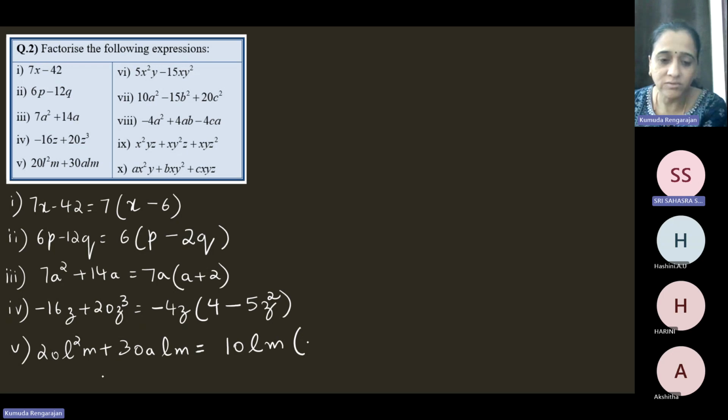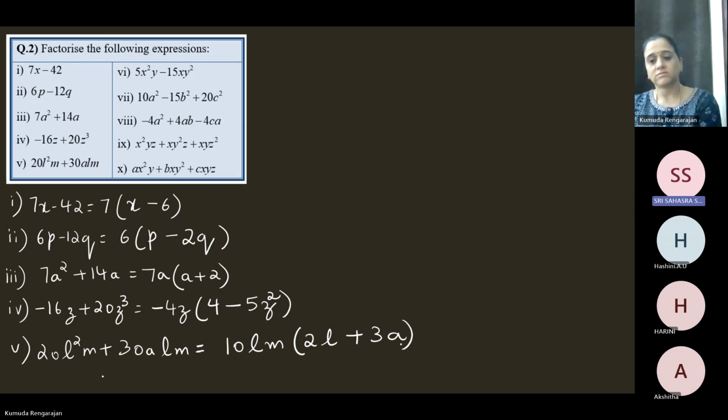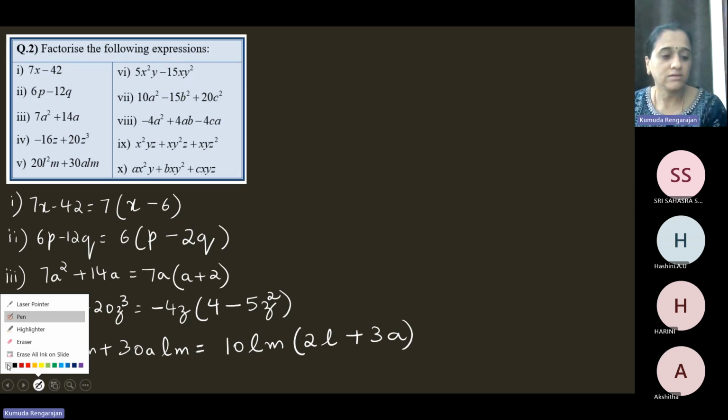Okay, and then in the bracket? 2L, no M. Plus 3A. 3A. Okay.